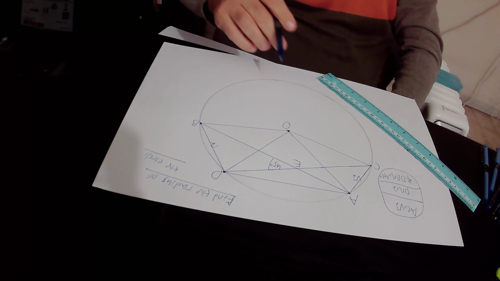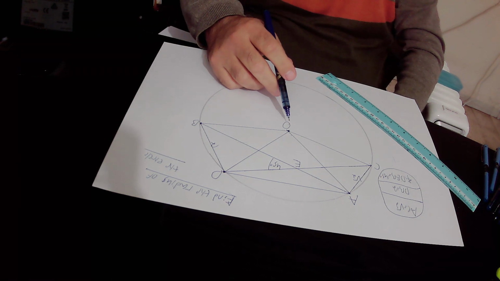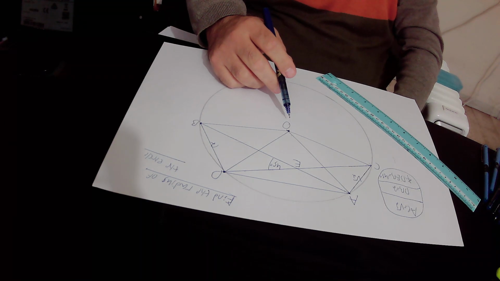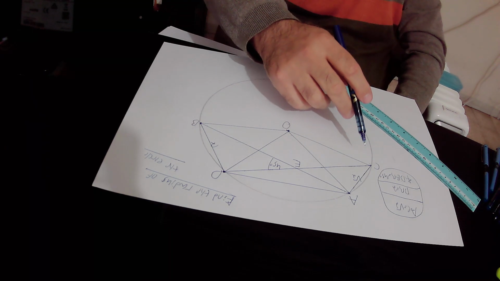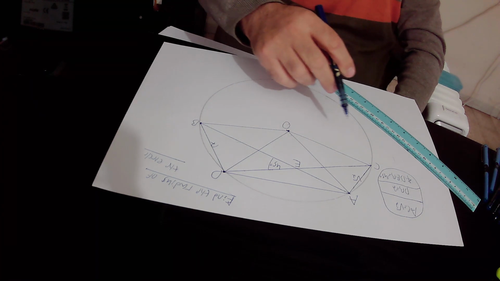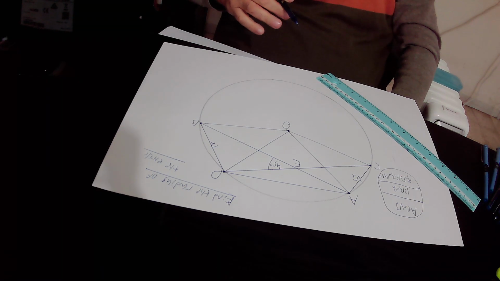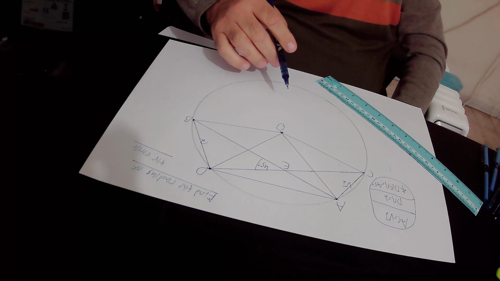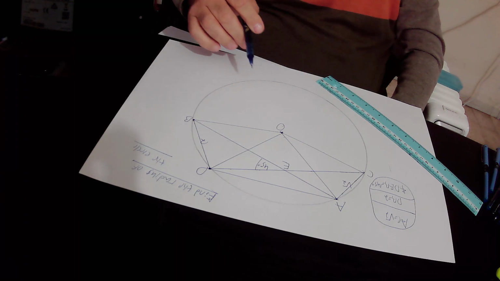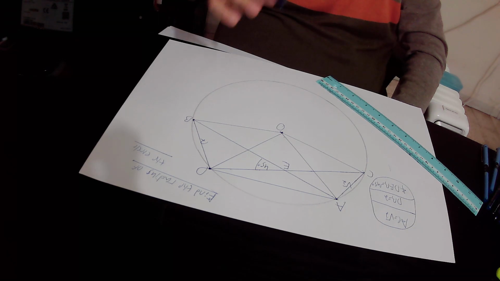Why? Because they start from the center of this circle, that is to say from point O, and end at points B, D, A, and C. All those 4 points are located on the circle itself. And any line segment that starts from the center of a circle and ends at any point on the circle itself is defined as a radius.